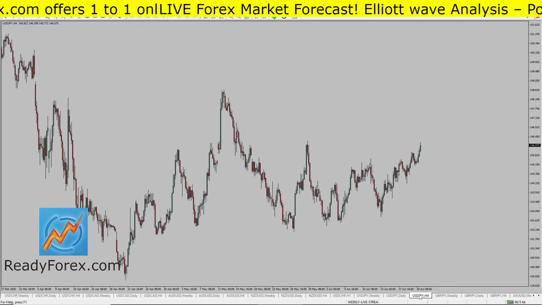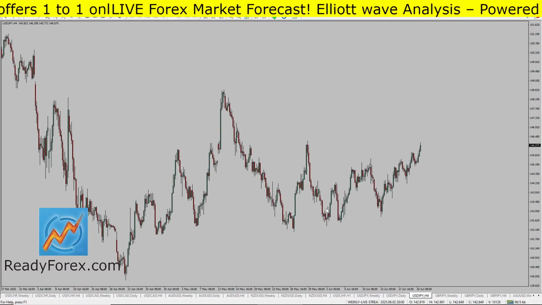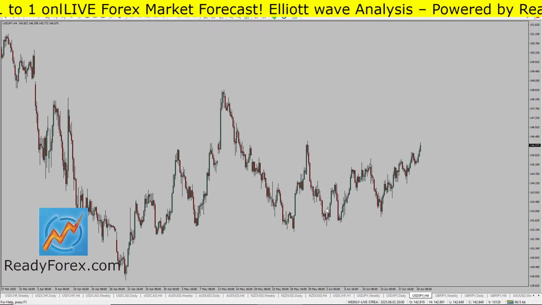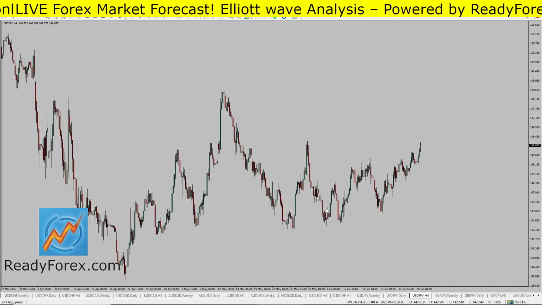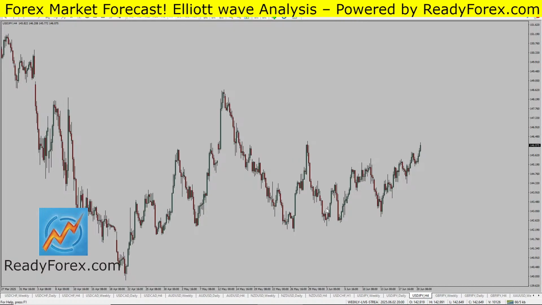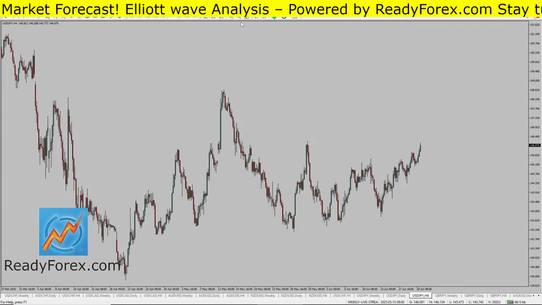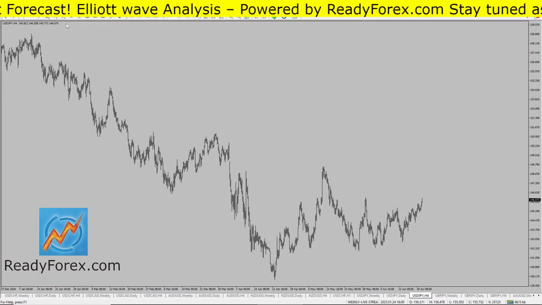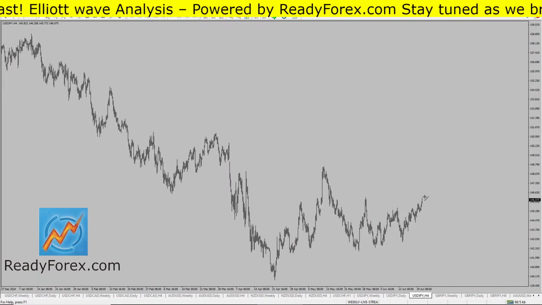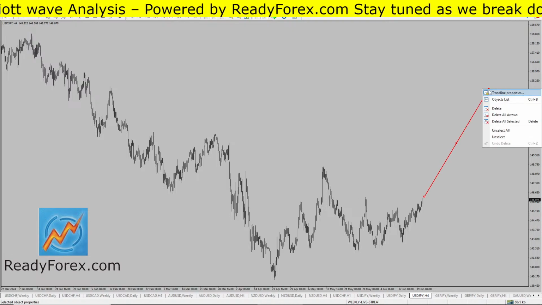If I try to forecast this level, the way I see it, USDJPY is most likely going to rise. So the forecast is basically bullish inside the US dollar versus Japanese yen.